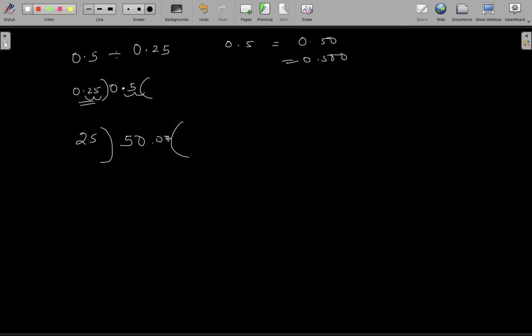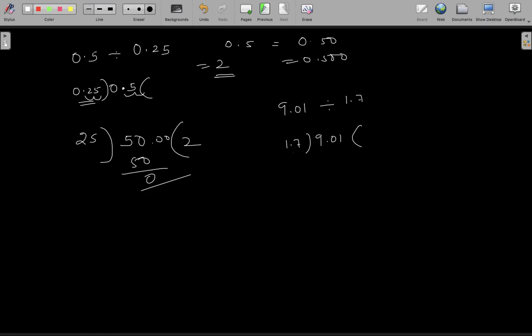If I am dividing this by 25, 25 times 2 is 50, leaving you with the remainder 0. So your answer in this case is 2, right? Say suppose I have 9.01. Let us say we want to divide this by 1.7. Now 9.01 is divided by 1.7.